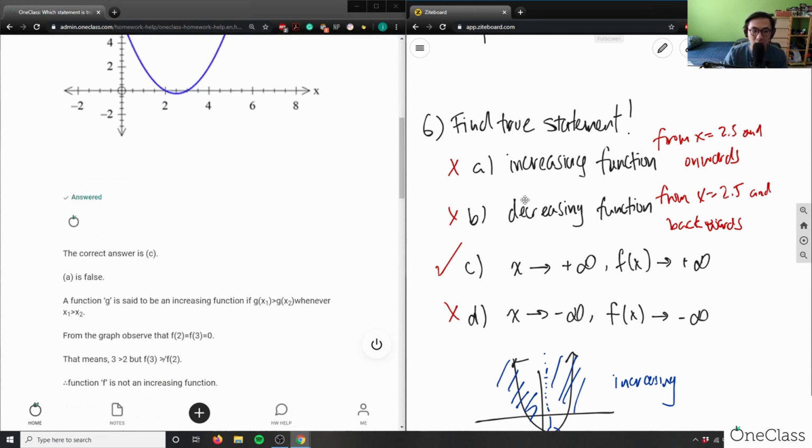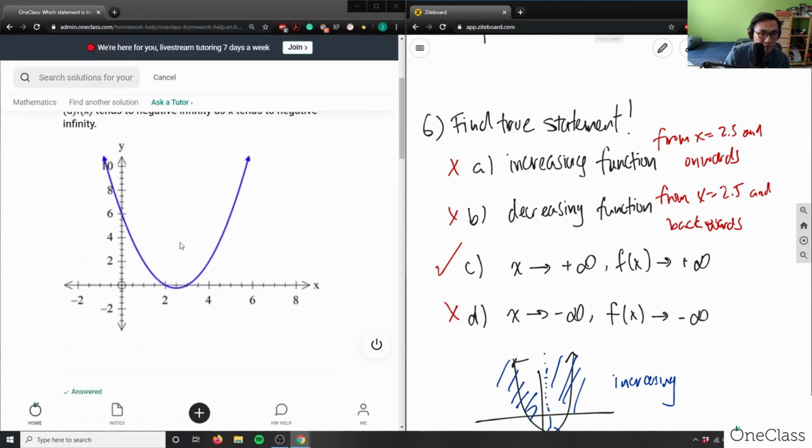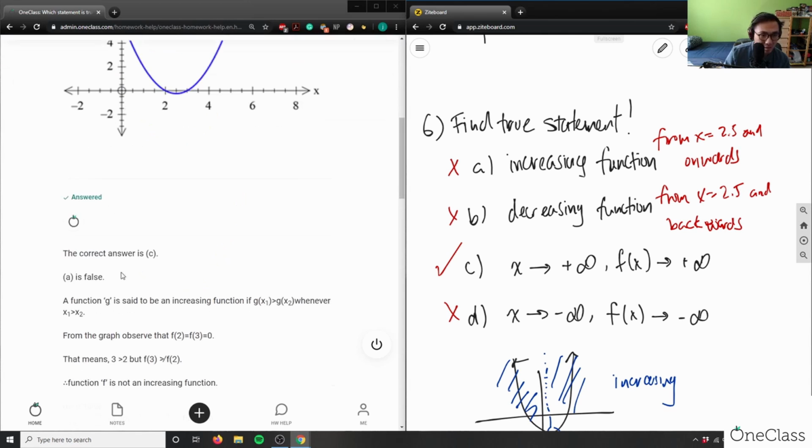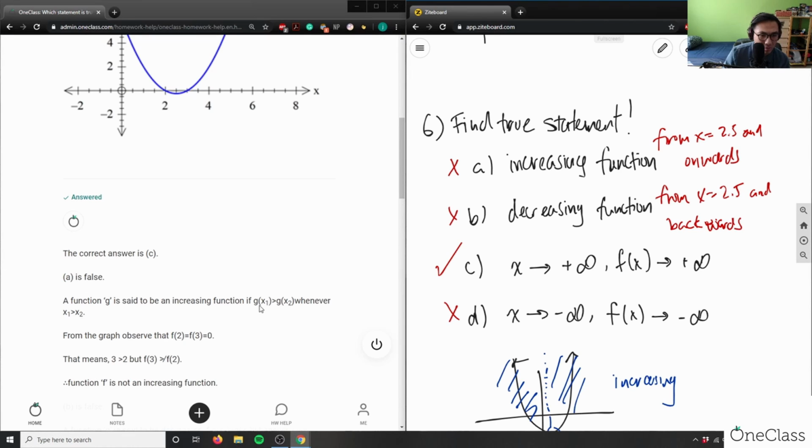That's how you would answer these types of questions. So C is correct. A is false. A function has to be increasing if g of x1 is greater than g of x2 whenever x1 is greater than x2. So from the graph, observe, f of 2 is here and f of 3 would be here, and both equal 0.